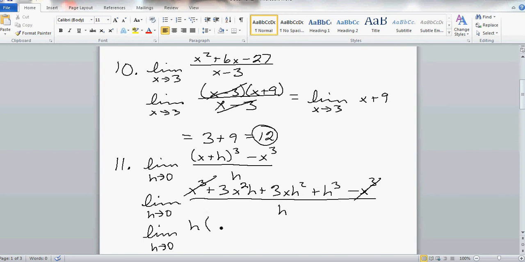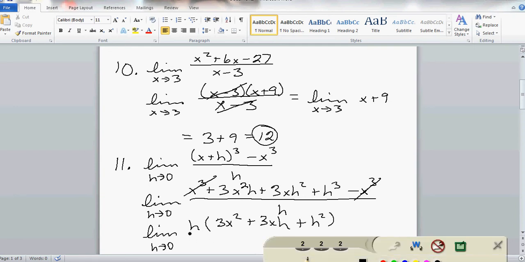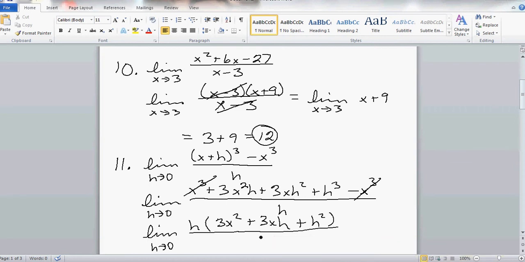So I pull out h and get 3x squared plus 3xh plus h squared, all over h. And notice, lo and behold, those h's cancel each other out.